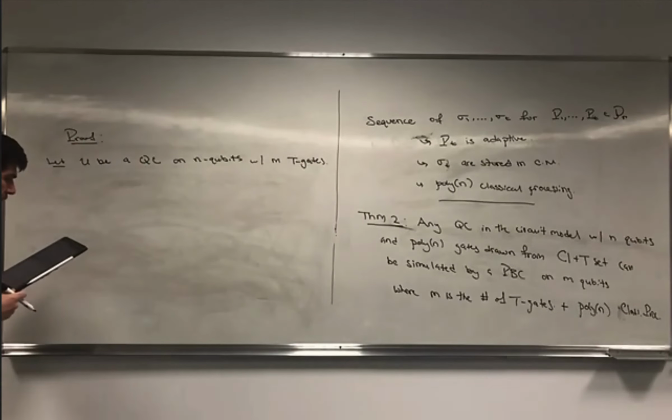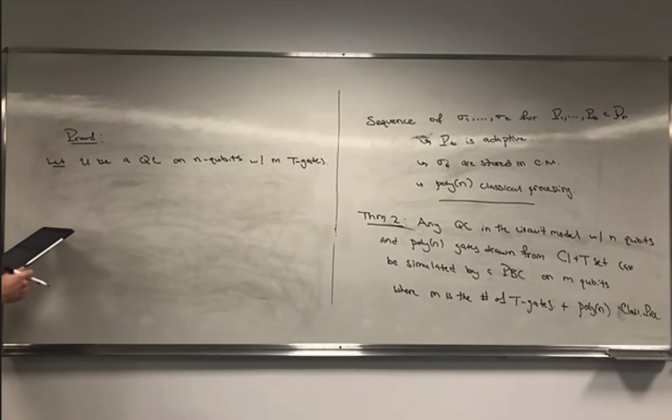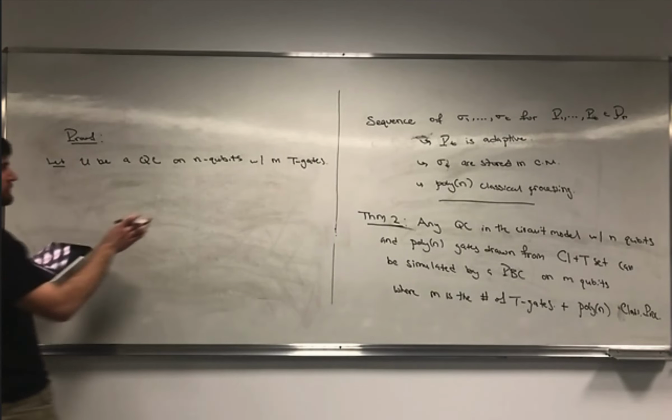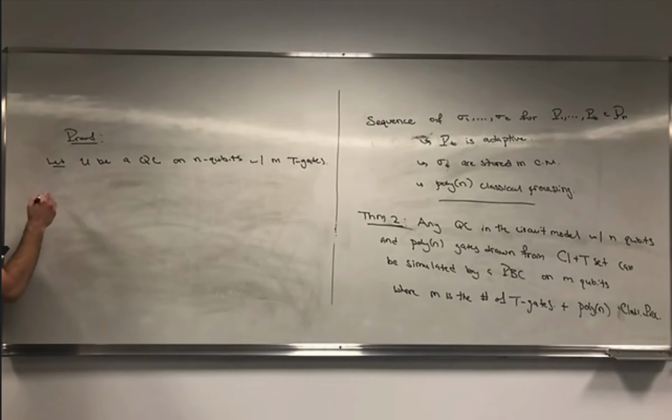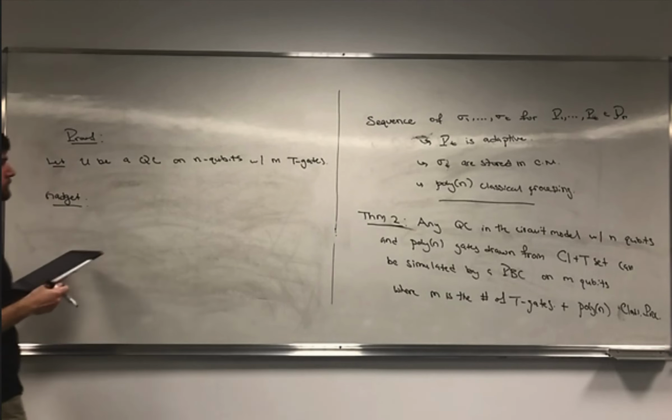Okay, so what we will do is we will replace each of these T gates with the following gadget. So what does that look like?